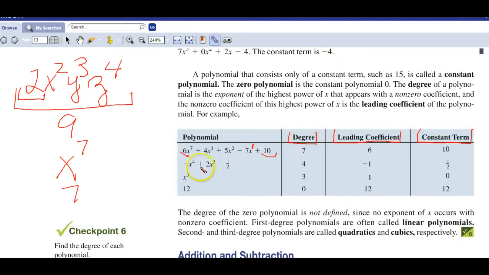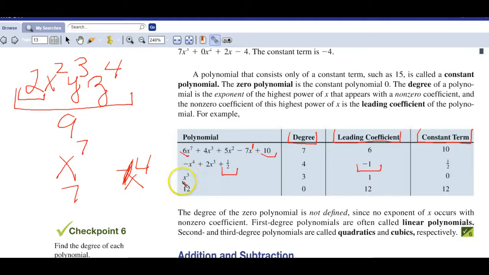Now the degree of this one is 4. Now when you have a negative x to the 4th, there's a 1 in front of the variable after the negative. So that's where they get the 1 from. We just don't write it usually. And then the constant is 1/2.